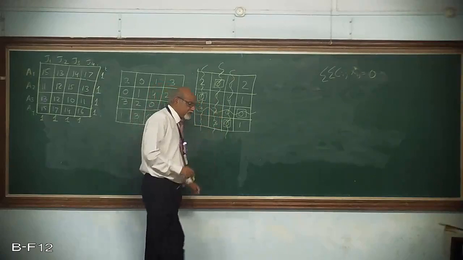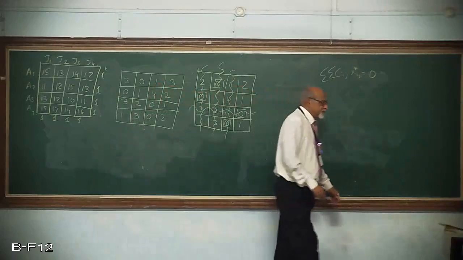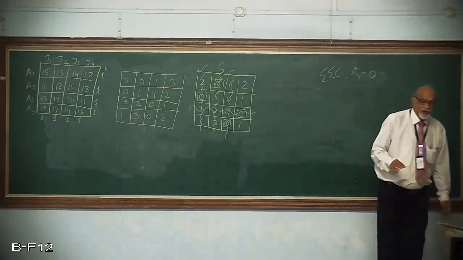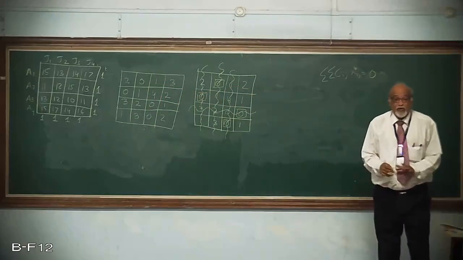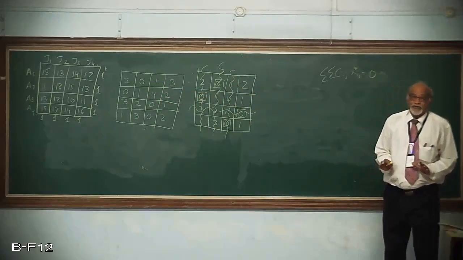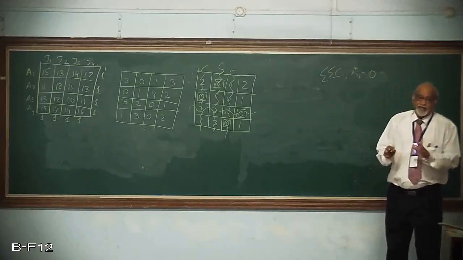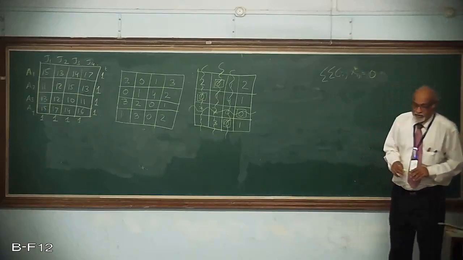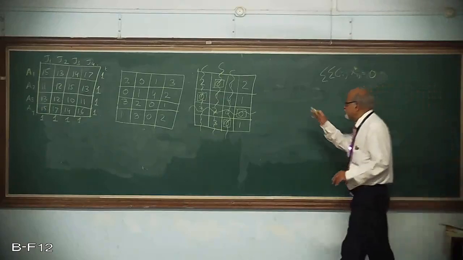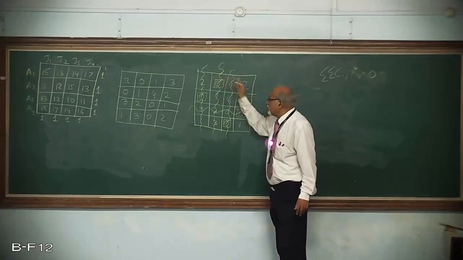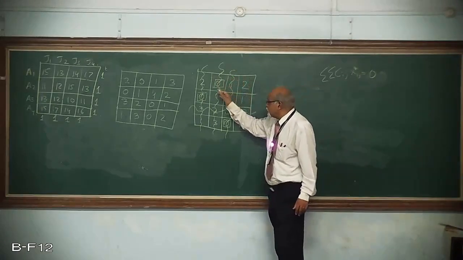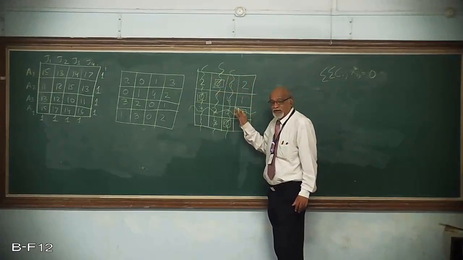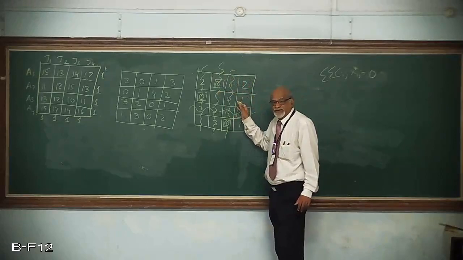Because the textbook says that if you are able to cover all the zeros with the minimum number of lines, and if the number of lines is equal to the order of the matrix, here a 4 by 4 matrix, so if the number of lines is 4, then the optimal condition is reached. It will not have more than 4. This is what it ensures.